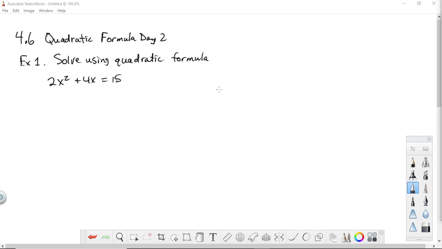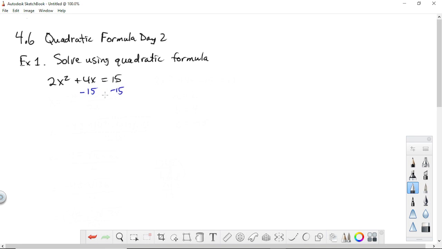Remember, we have to first have this in standard form, and this one is not. So we need to have 0 by itself on the right. We're going to subtract 15 from both sides.